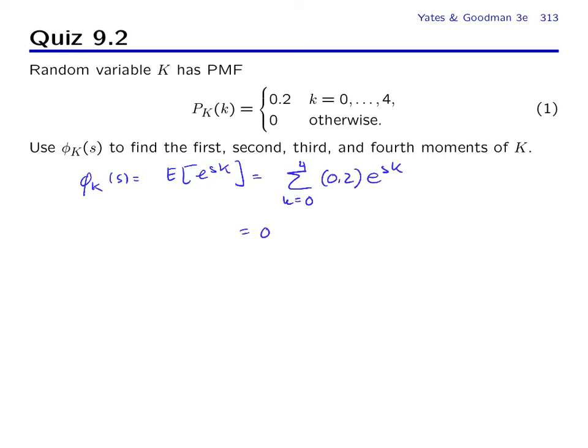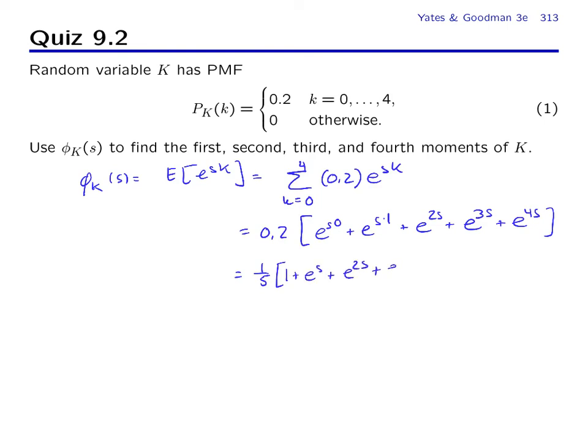And so this is equal to 0.2 times e to the s0 plus e to the s times 1 plus e to the 2s plus e to the 3s plus e to the 4s. So it's equal to 1/5 times 1 plus e to the s plus e to the 2s plus e to the 3s plus e to the 4s.